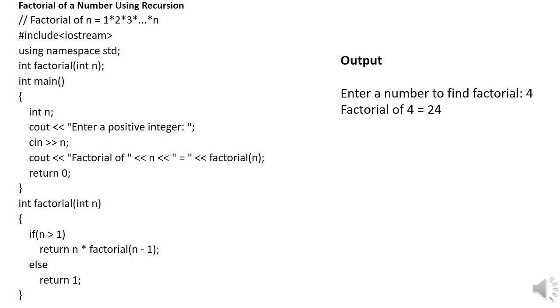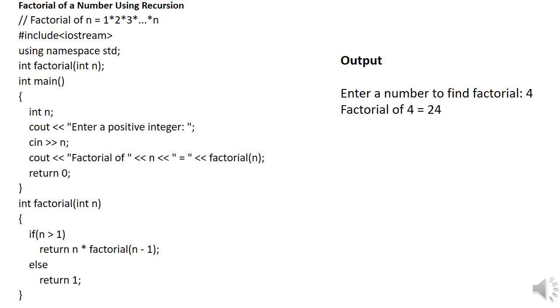The condition is true, so it will perform 2 into factorial of 1. N minus 1 is 2 minus 1, and the value is 1. So again it will call itself. The control again goes to the beginning of the function definition. It will check if 1 is greater than 1. Here the condition is not true. So the control goes to the else part and it will return the value 1.